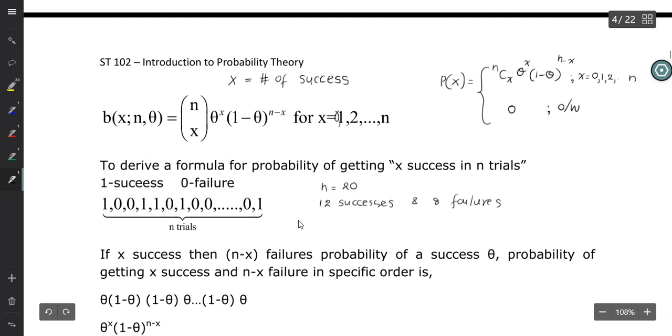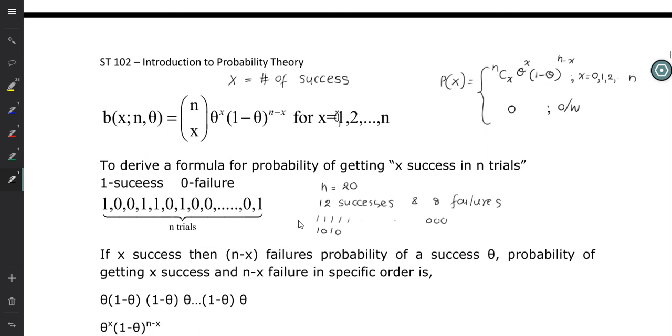How many possible ways can you have 12 successes and 8 failures? That means 12 ones and 8 zeros. You may end up with 12 ones altogether and then the rest the 8 zeros. Or you may have a success, a failure, a success, a failure and so on. If you think about all possible arrangements of 12 ones and 8 zeros, then there will be n choose x possible ways.